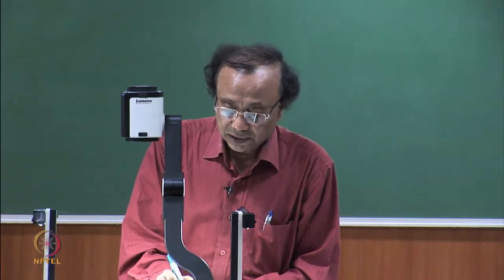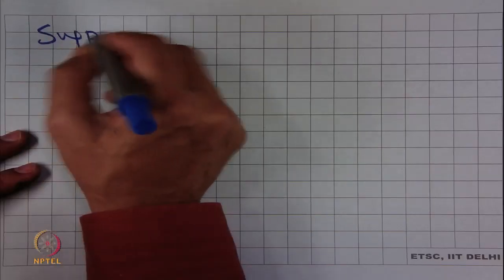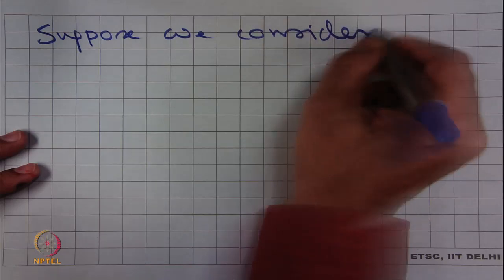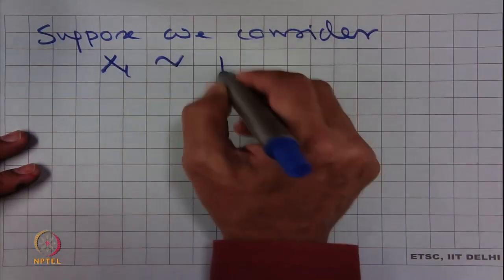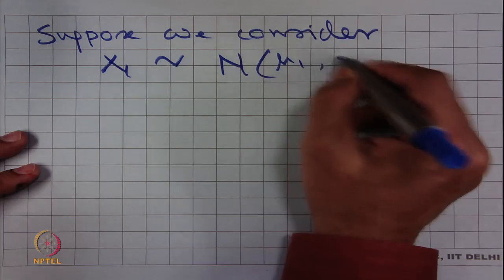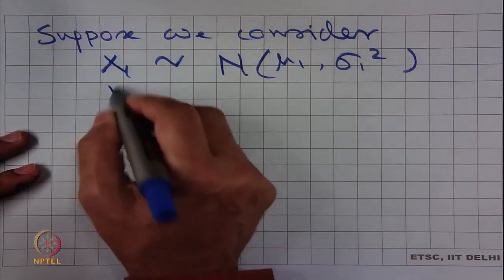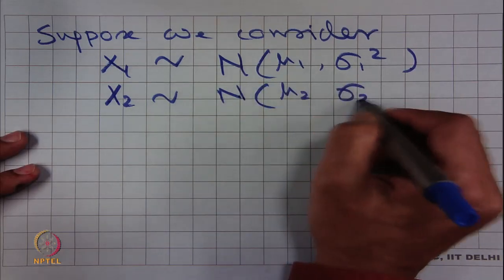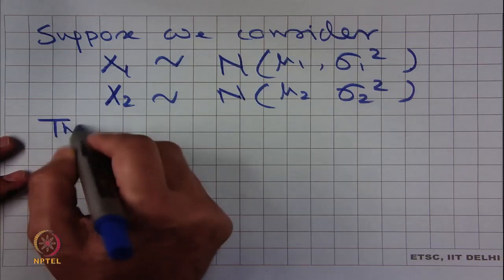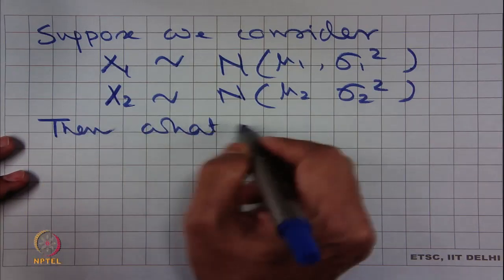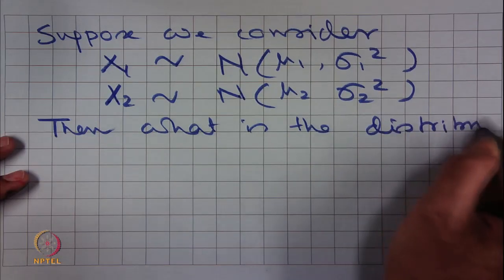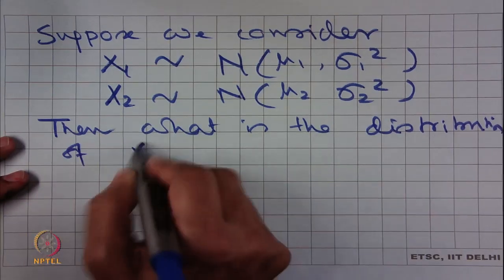We can even elaborate it more further. Suppose we consider x 1 to be normal with mu 1 sigma 1 square, x 2 is normal with mu 2 sigma 2 square, then what is the distribution of x 1 plus x 2?